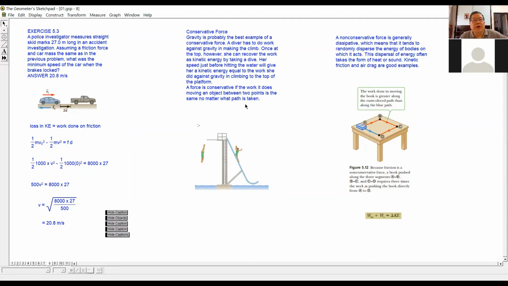Okay, so the conservative force, they say in this case, is the gravitational force. Now this gravitational force, you can actually get back in the form of kinetic energy. They say gravity is a conservative force because finally you will get the energy back in the form of kinetic energy.